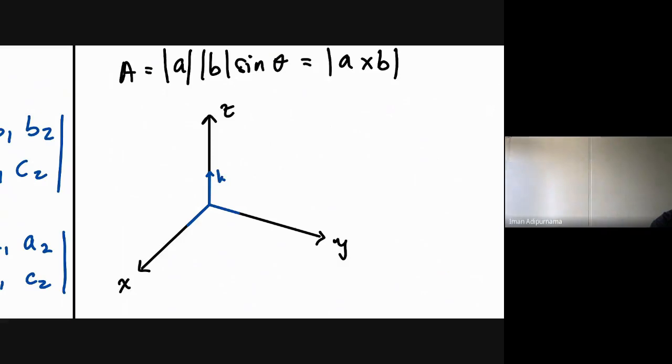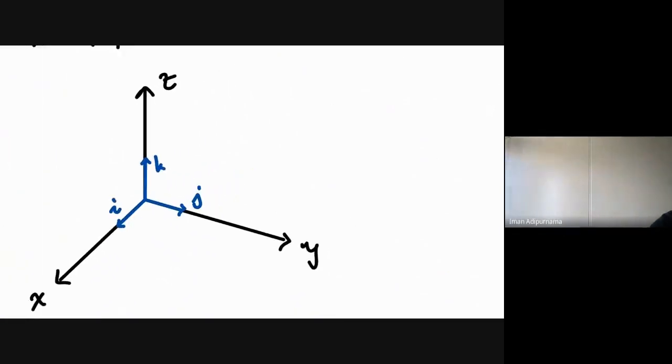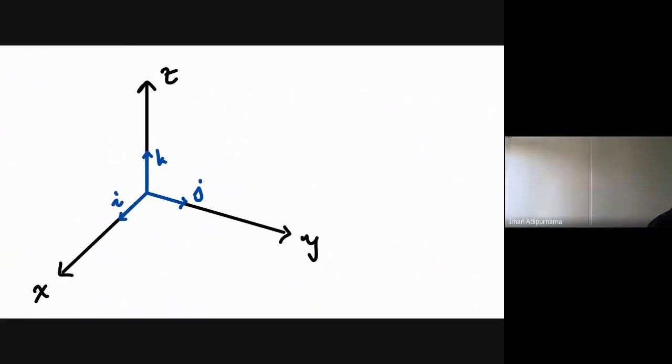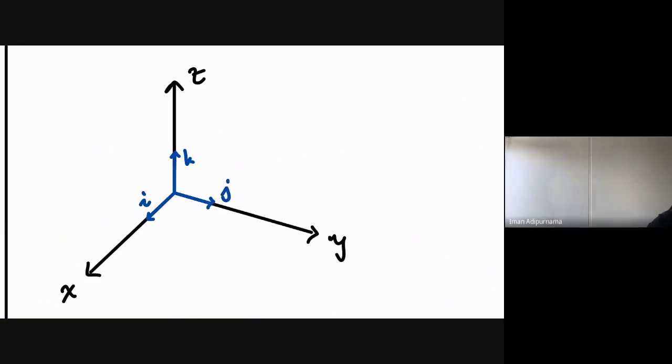So let's say this is K, this is I, this is J. This is just, I think, a review. Most of you are familiar with it.